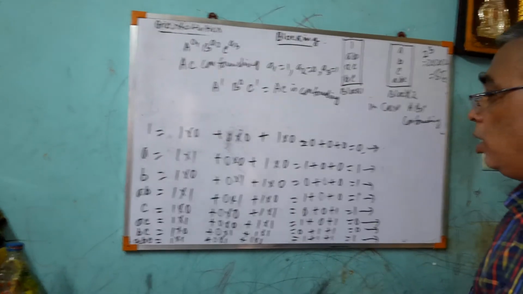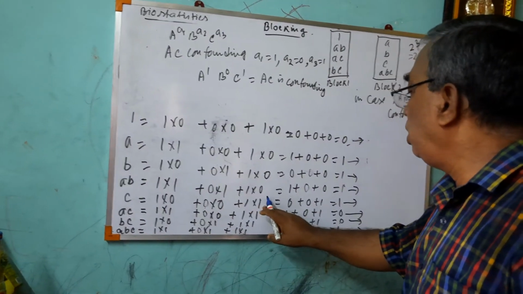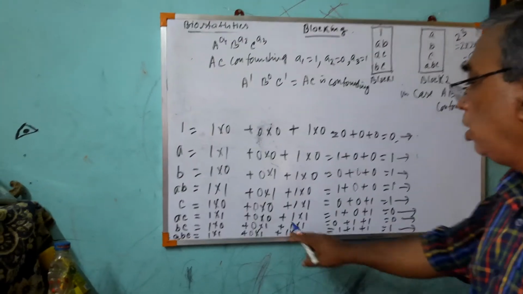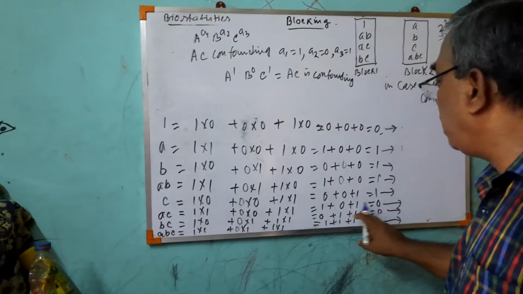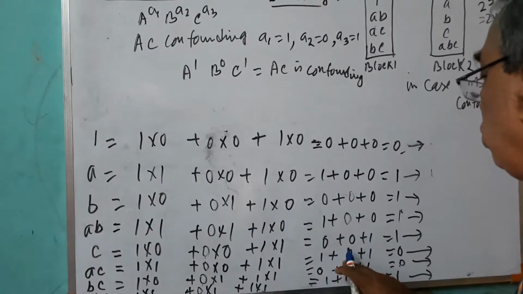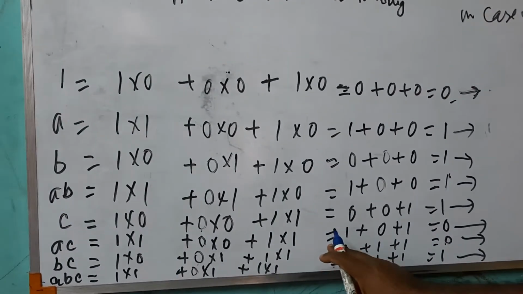Now in case of C, this is 0, then this is 1, right. Now AC, 0, right.